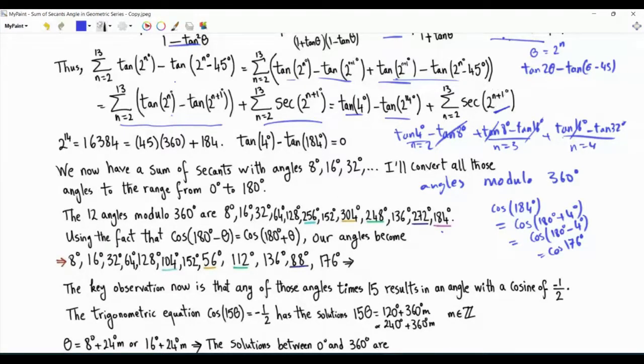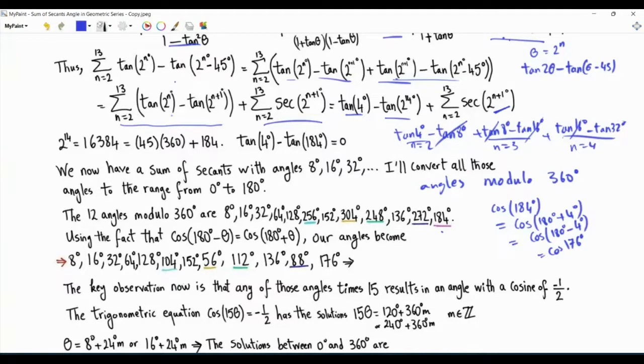To recap, we have our angles expressed like a geometric progression. The angles are 8, 16, 32, 64, and so on. Now we can write them down in the range from 0 to 360 degrees. And then we say, well, we are interested in the reciprocal of the cosine. And since cosine of 180 degrees minus theta is cosine of 180 degrees plus theta, I can express all the angles as angles between 0 and 180 degrees.